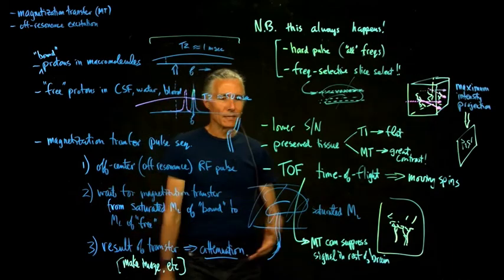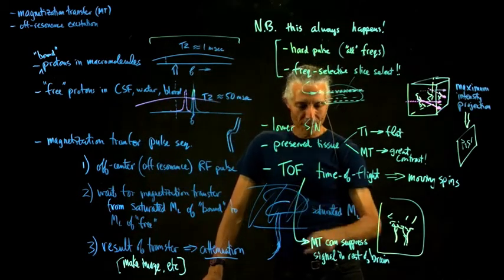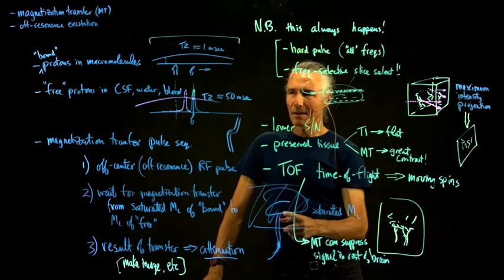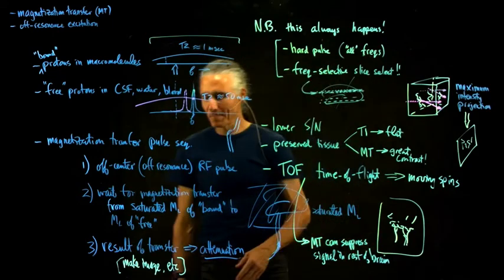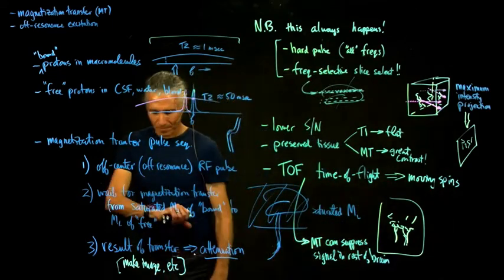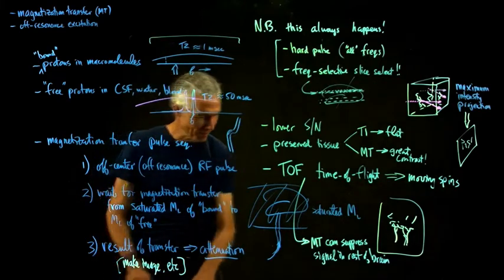So in this case, for the time of flight, we don't want the non-blood vessels to appear, and so we suppress the signal from the whole rest of the brain. Okay, so that was magnetization transfer.